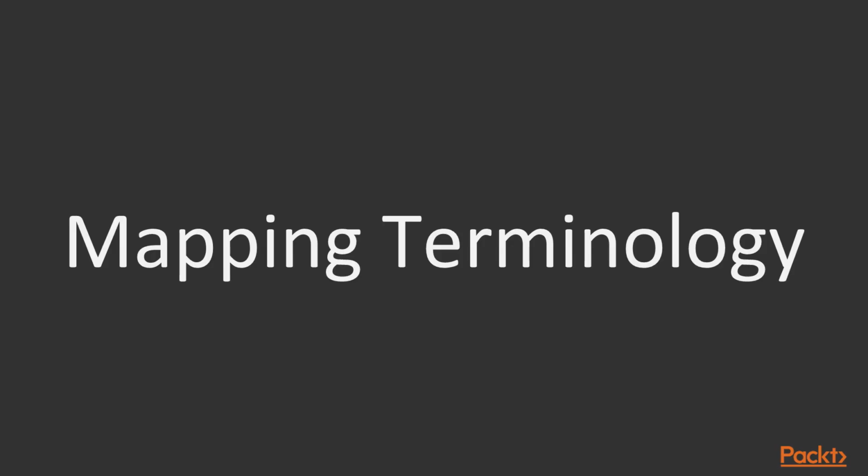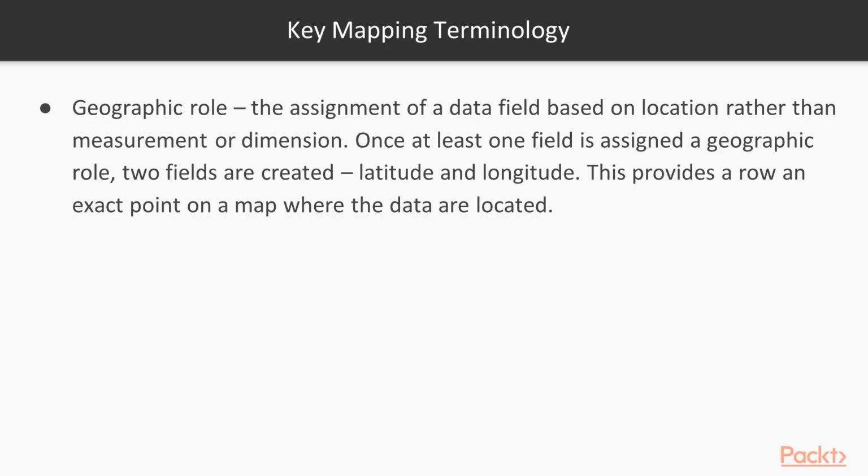So let's now get into a bit about the mapping terminology, because there are a lot of unique terms out there that you may not be familiar with, but of course you may be. The first is the geographic role. Tableau calls any field such as state, province, postal code, or address a geographic role.